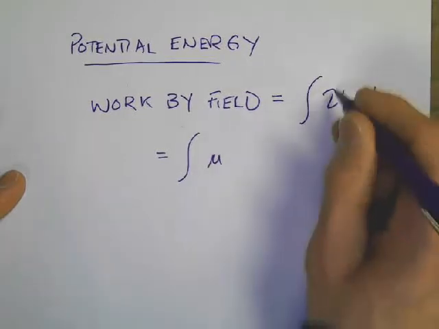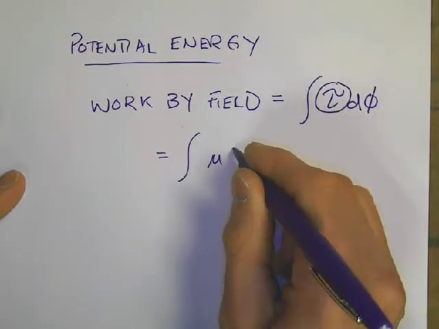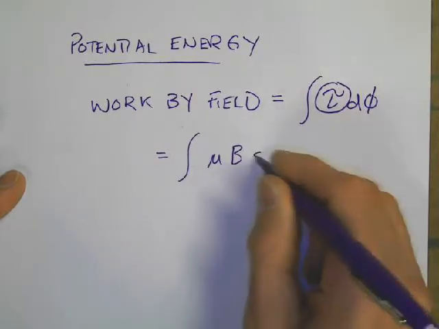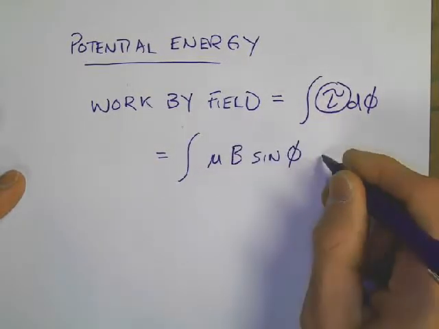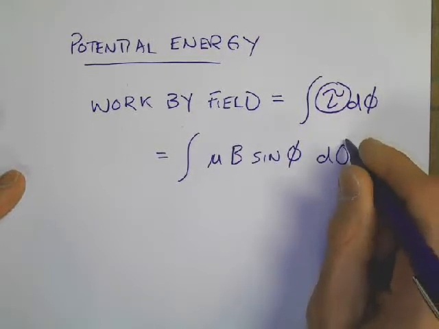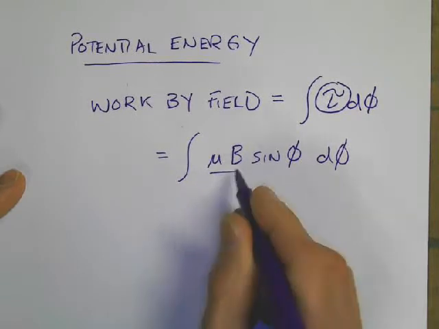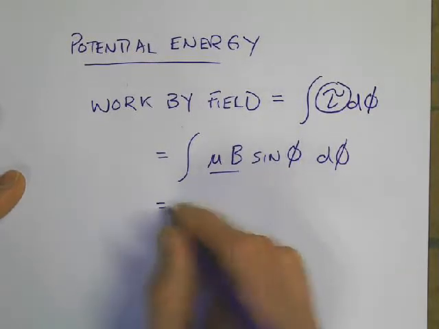Torque is going to be equal to mu times B times the sine of the angle. Of course, mu times B is a constant. That just comes out.